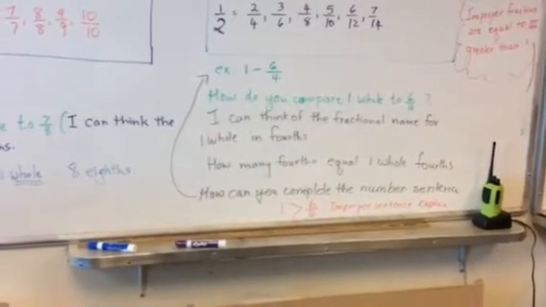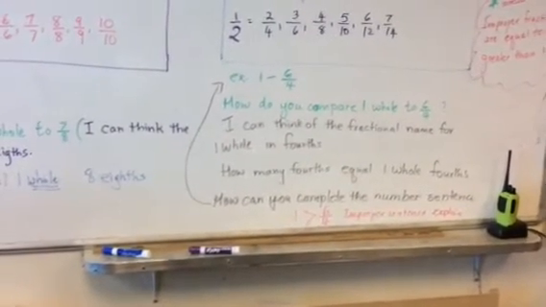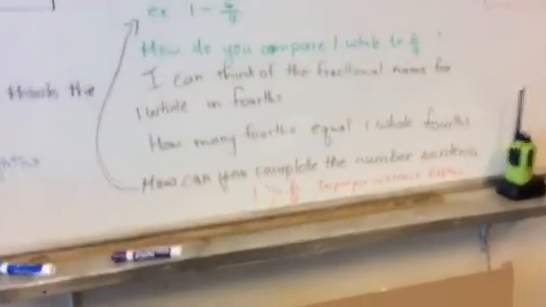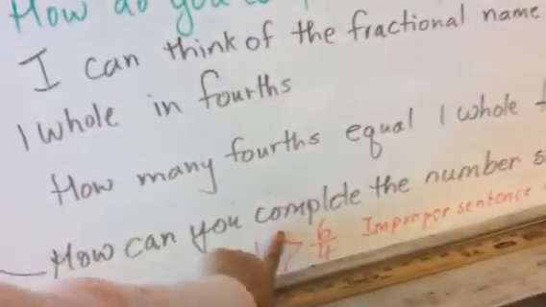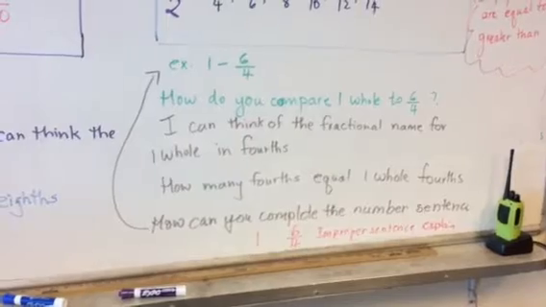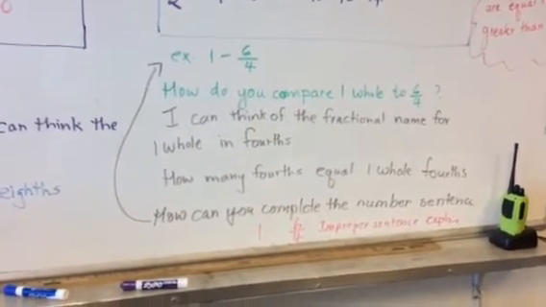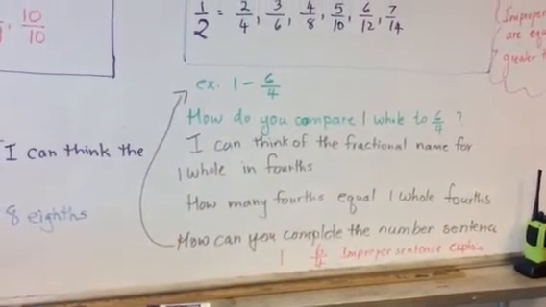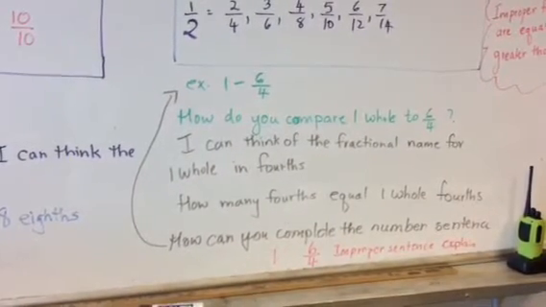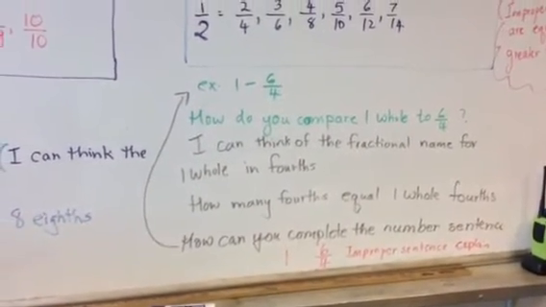Erase the former question. We will be putting that, erase this. So this is an improper sentence because 1 is not greater than 6/4. 6/4 is greater than 1. Do you understand that?